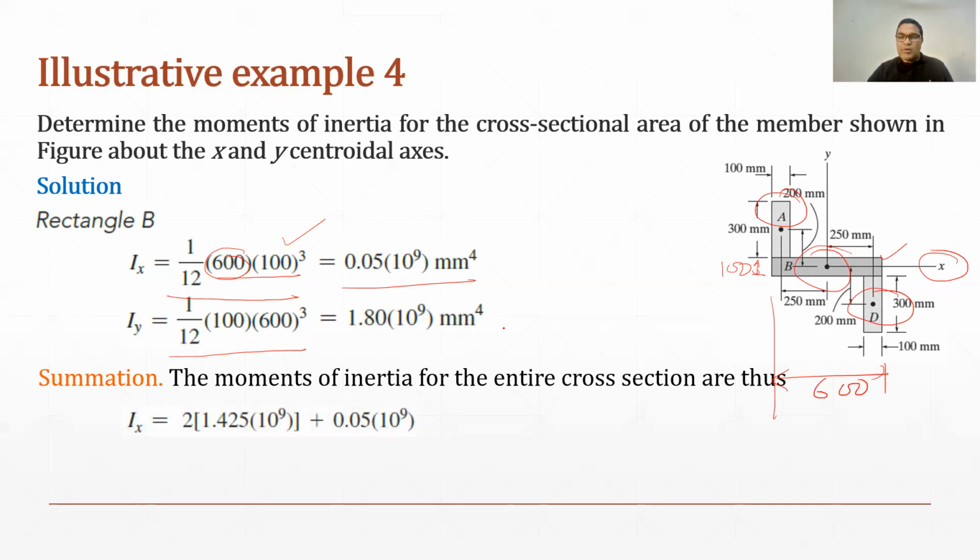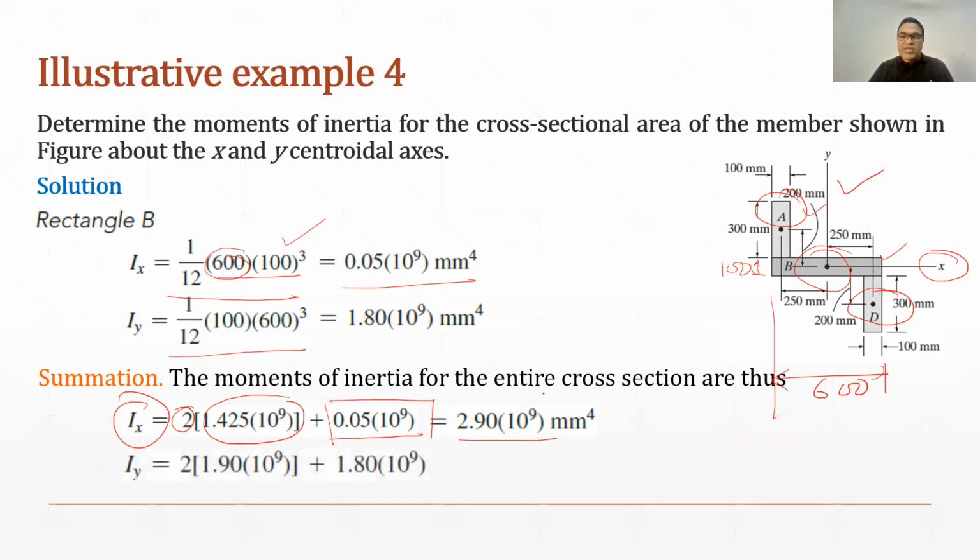Finding the moment of inertia about the x-axis, you can see the moment of inertia of rectangles A and D, which I have multiplied by 2 because D is identical to A, plus the moment of inertia of rectangle B. Adding this, we get the moment of inertia of the whole area about the x-axis as 2.90 into 10 raised to power 9 mm to the power 4.